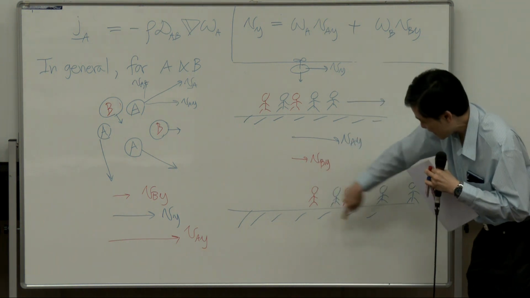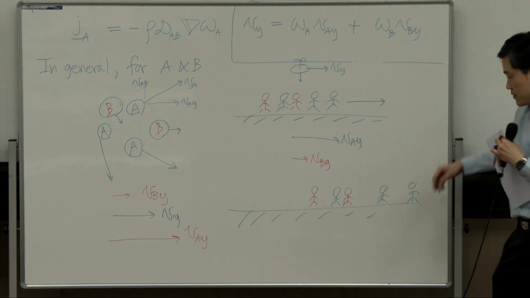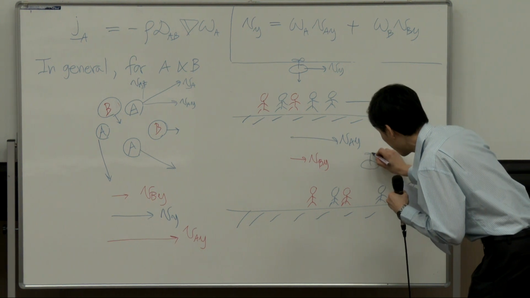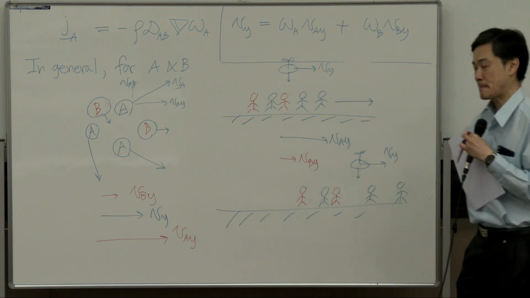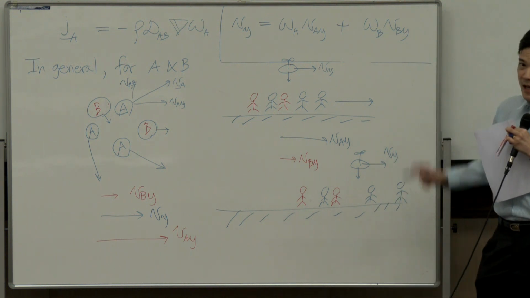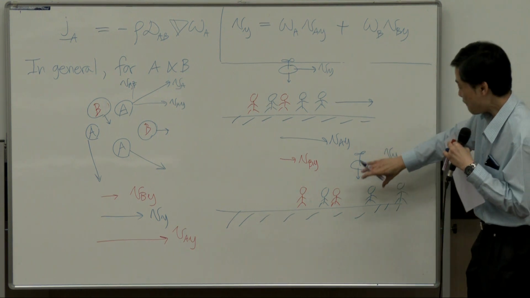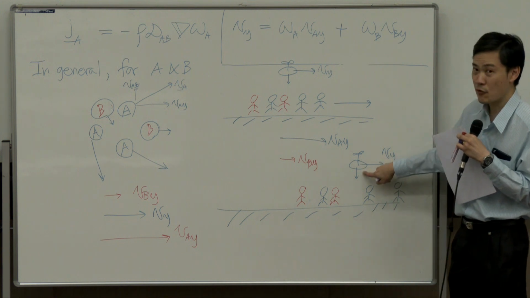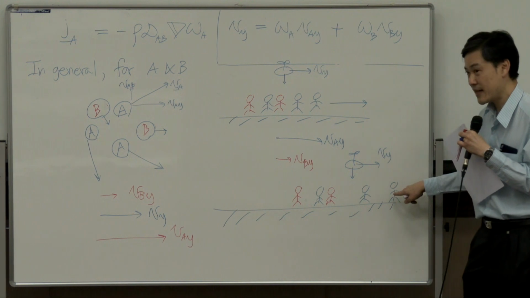The group would expand because this guy lags behind, this one goes forward. My drone has to stay in the middle, okay, with Vy velocity. If I want to calculate or measure how fast this guy goes compared to the drone, if you look from the television, you see that this guy is moving ahead.